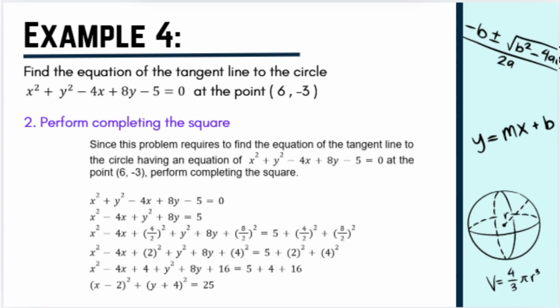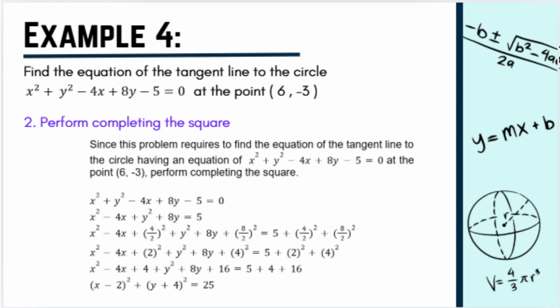One half of 4 is 2, and one half of 8 is 4, which we will have x squared minus 4x plus 2 squared plus y squared plus 8y plus 4 squared is equal to 5 plus 2 squared plus 4 squared.